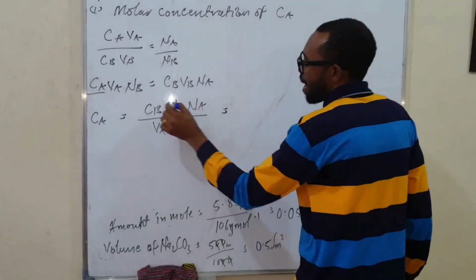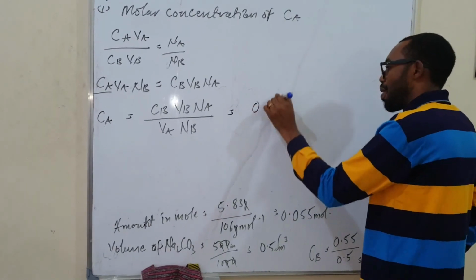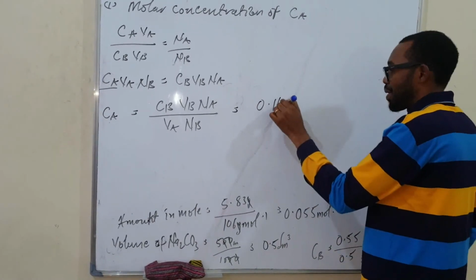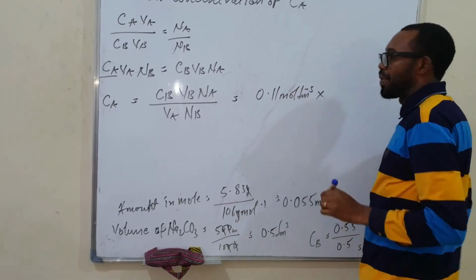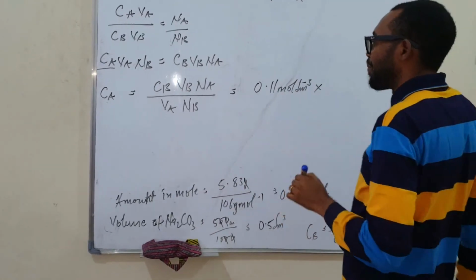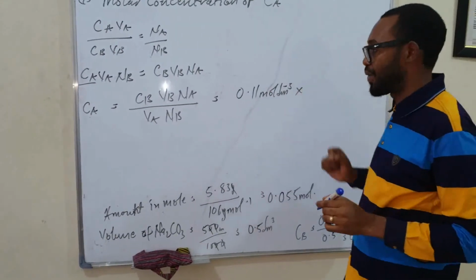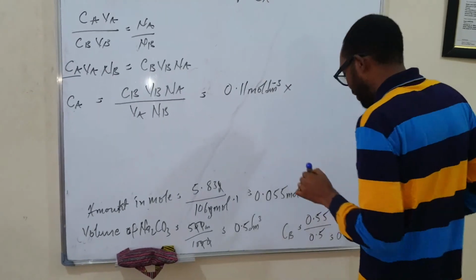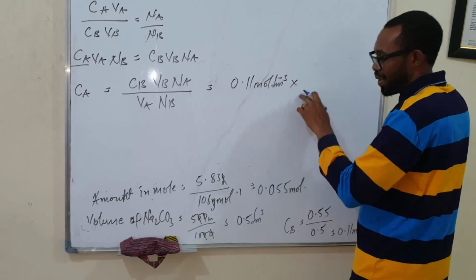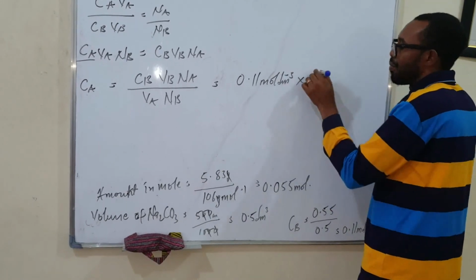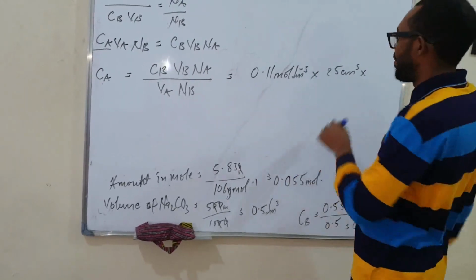Okay, so our CB is given to be 0.11 mole per dm³, multiplied by our VB. VB is the volume of the base, which I told you is the volume of the pipette, which is 25 cm³. Now, if you convert that to dm³, what do you have? Even if you still use it in cm³, they will cancel out. So let's just use cm³, times the number of acid, which was 1.